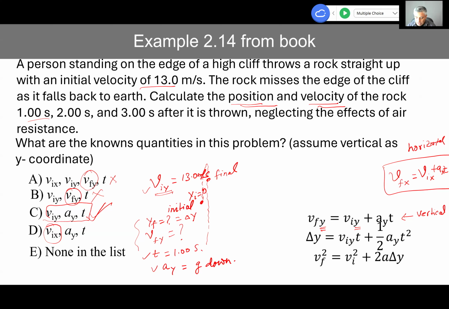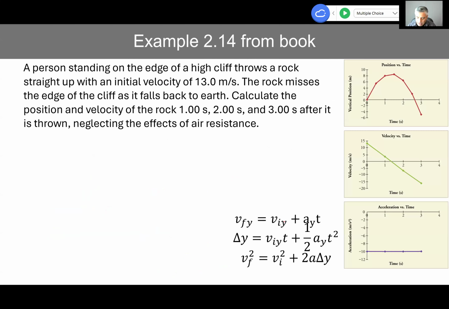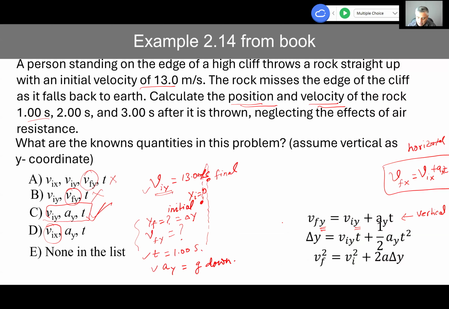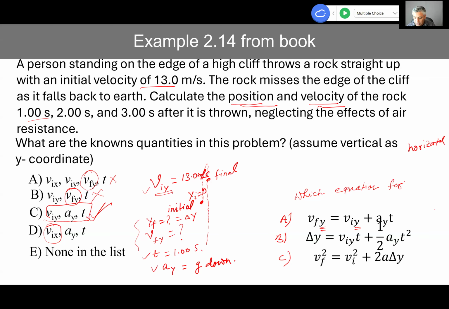So now, which equation do we use then? Let's make a clicker question here. A, B, C. Which equation to use to solve this problem? There are two things, so I'll make it specific for position. Okay.